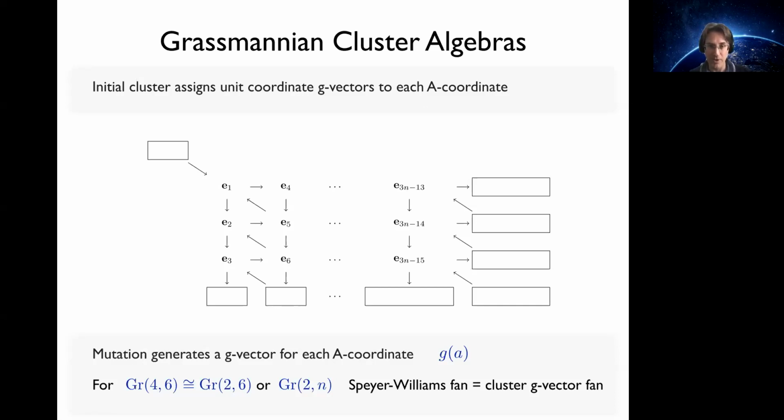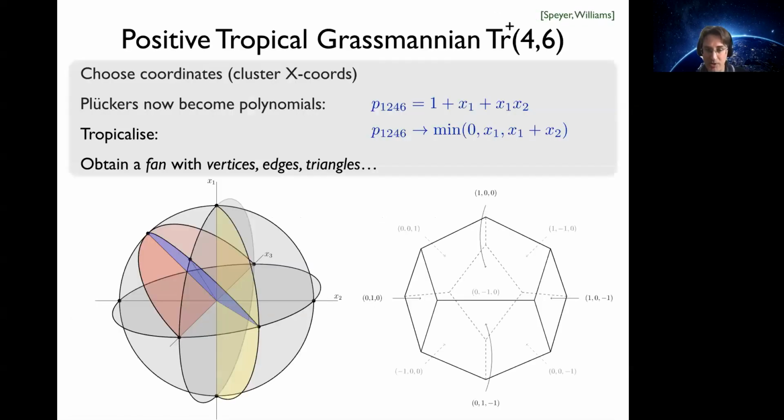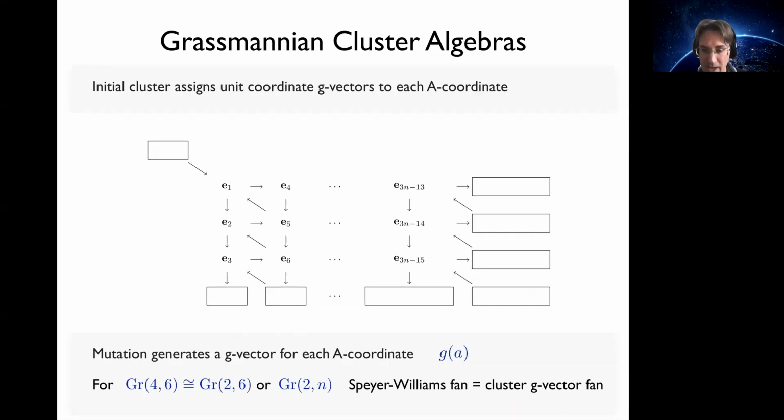So if I just flip back, I've gone back to the slide with the polytope, and on the faces of this polytope, you can see the vectors for the rays on the left. Well, these are the g vectors associated to the a coordinates which label the faces of the cluster polytope. Okay, so that fan is the cluster g vector fan.